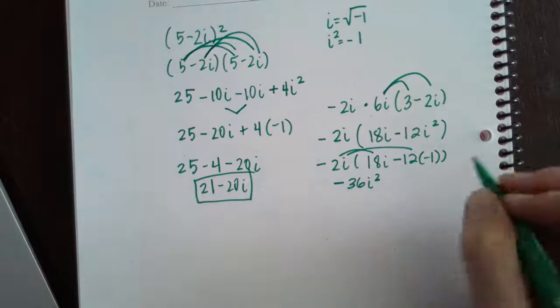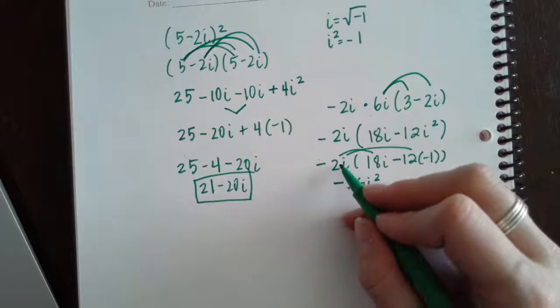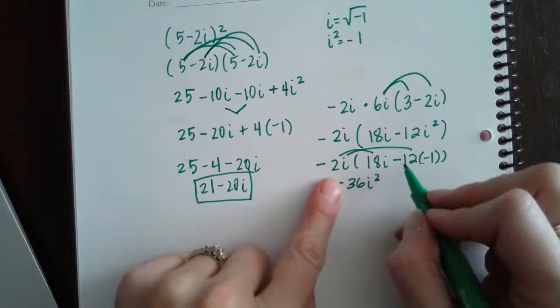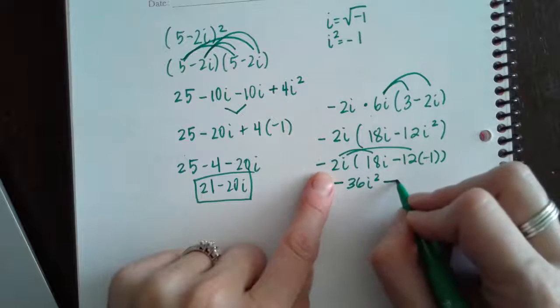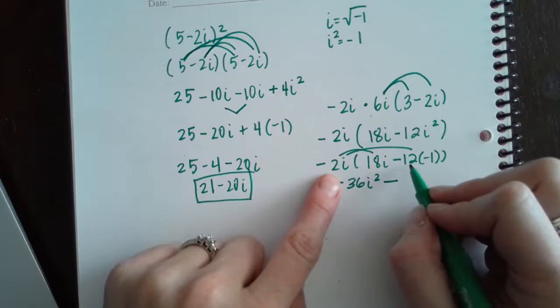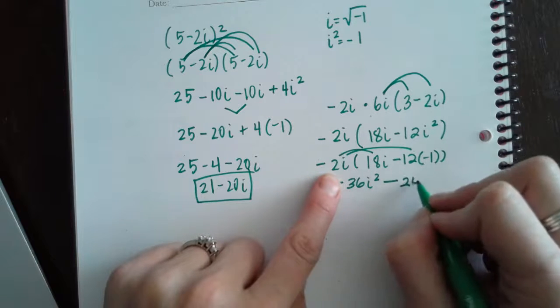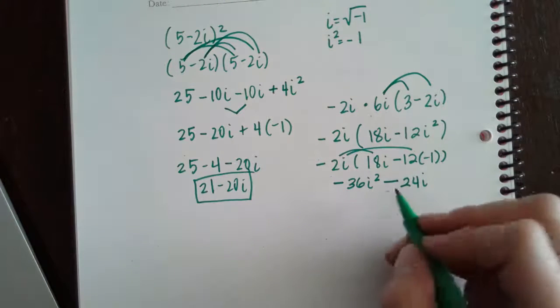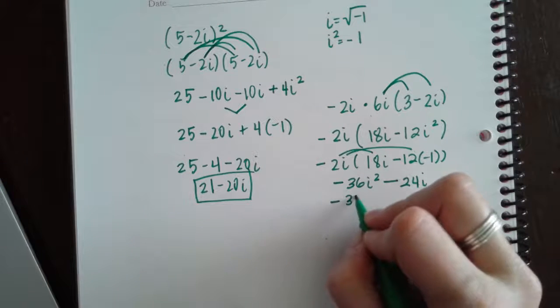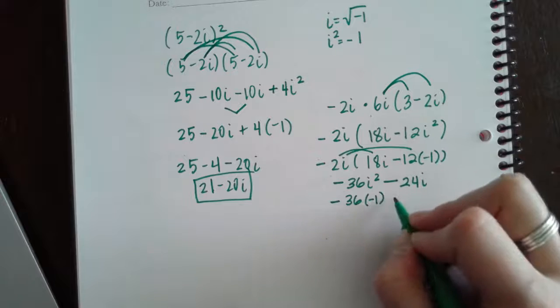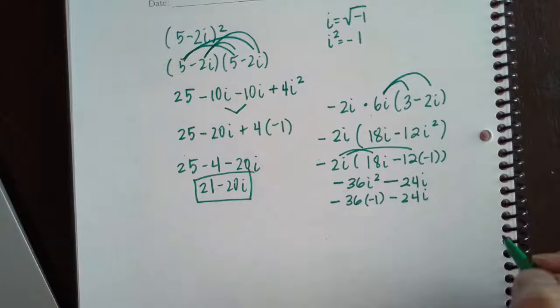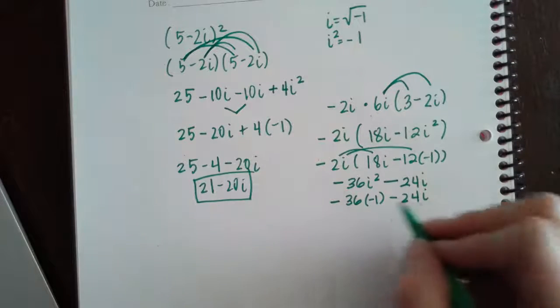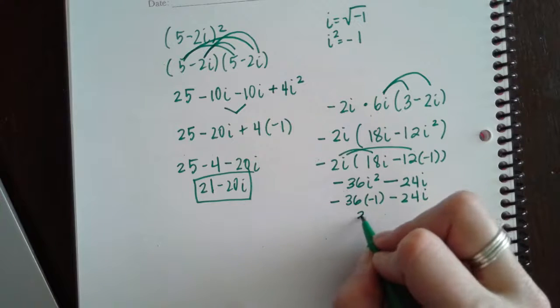And then negative 2i times negative 12 is negative 24i, and I don't have another i. Remember, i squared is negative 1, so you have negative 36 times negative 1, minus 24i. And negative 36 times negative 1 is positive 36 minus 24i.